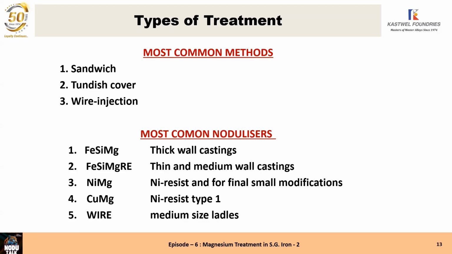Please look very well. If you say ferrosilicon magnesium, in principle, then there is no rare earths. If you say ferrosilicon magnesium rare earths, then there is rare earths. This is the international notification of it.